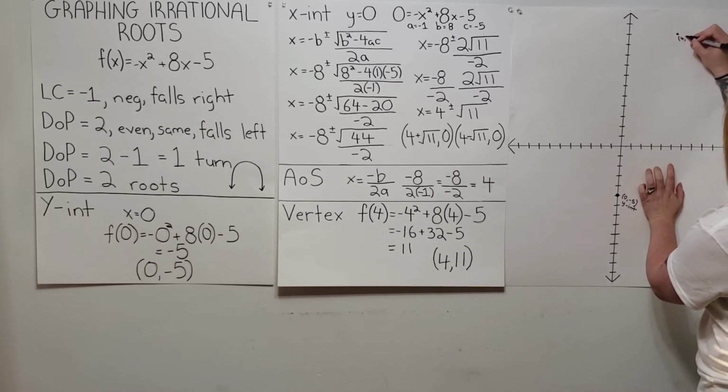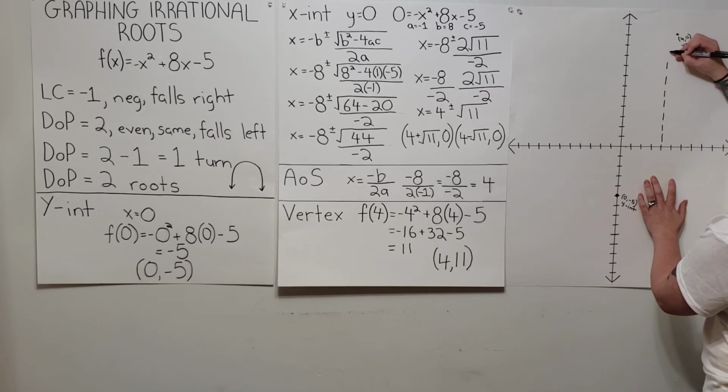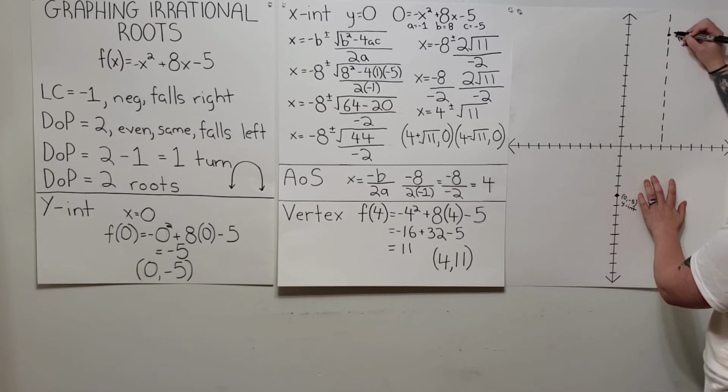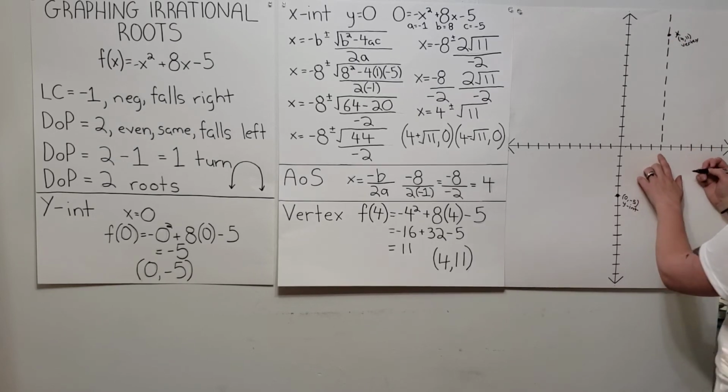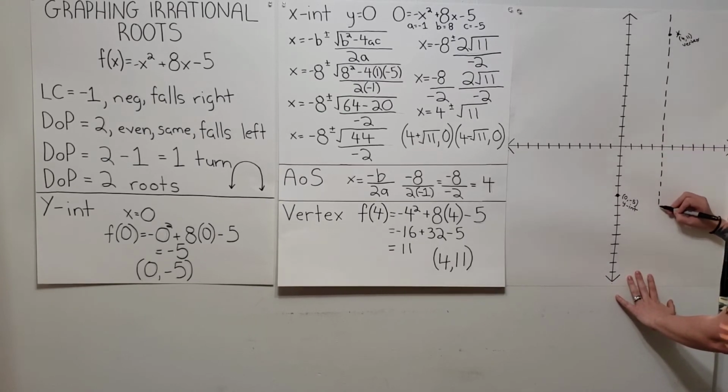4, 11. We know that our axis of symmetry is on this 4. Oops, I went over too far. Our vertex should be right there on the 4. I'm going to go down with our vertex.